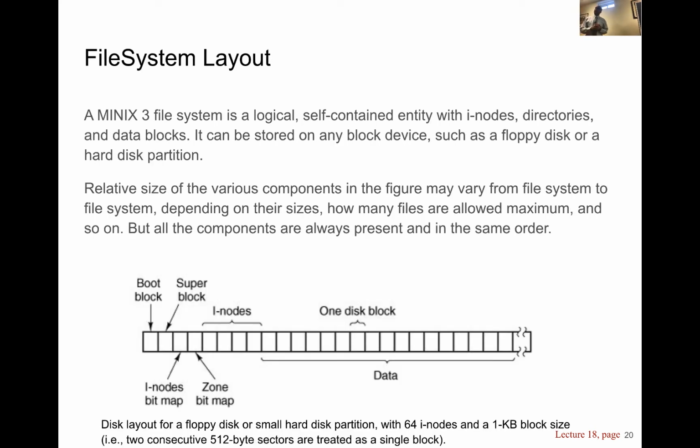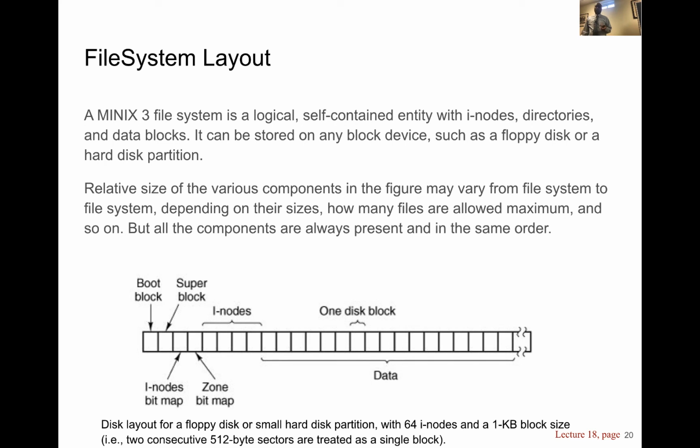Now the picture on this slide shows us the layout of a Minix file system. Essentially a Minix file system is created on a disk partition. It is going to have all of the information that is needed to store files, as well as the metadata information such as inodes. As shown in the picture, if you think of the disk as a sequence of blocks, the first block is going to be the boot block.